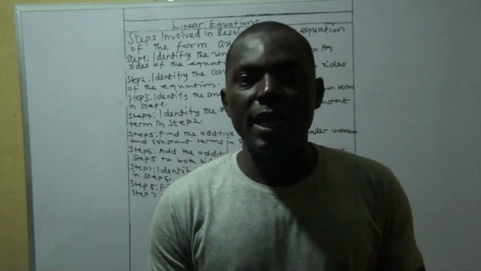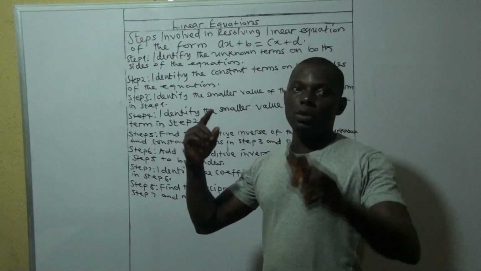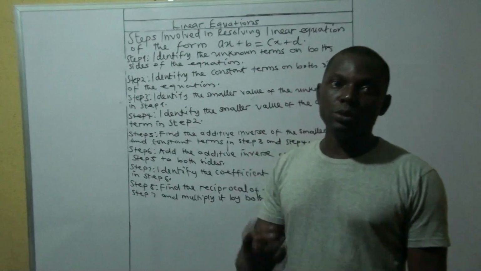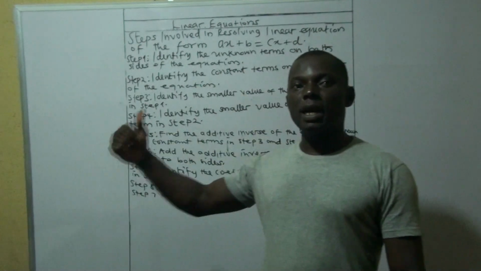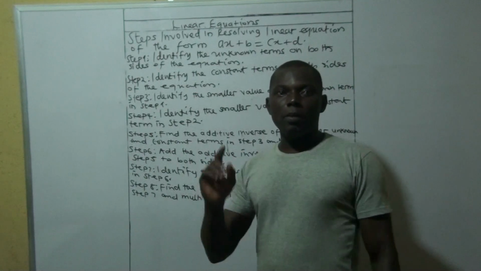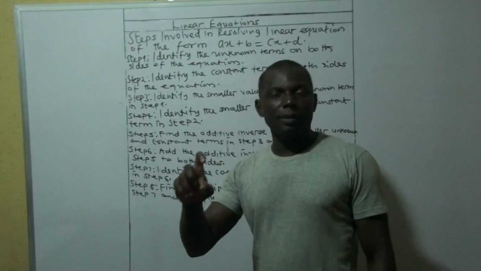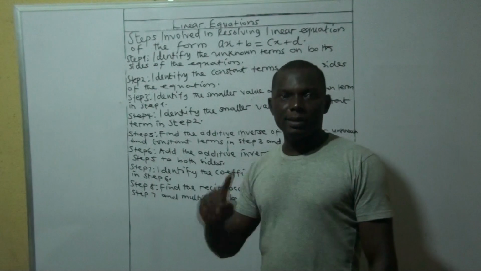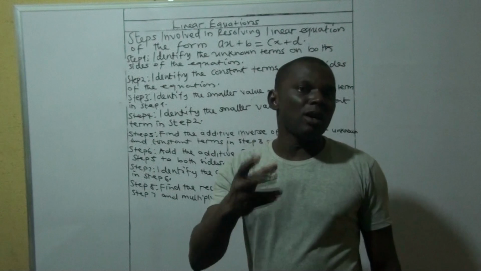The first step is you have to identify the unknown terms on both sides of the equation. Step 2, you have to identify the constant terms on both sides of the equation. In step 3, among the unknown terms in step 1, you find the smaller one, as well as the smaller one of the constant terms in step 2. Thereafter, you find the additive inverse of those.